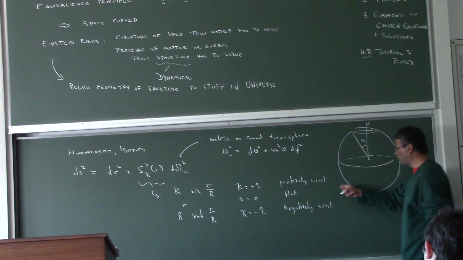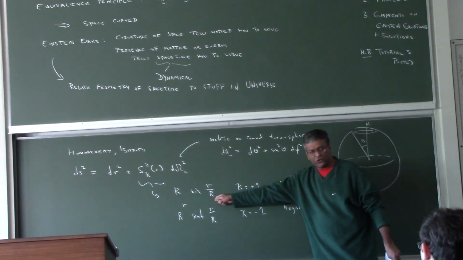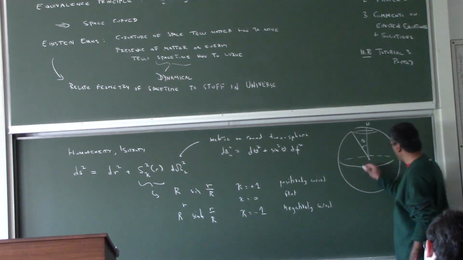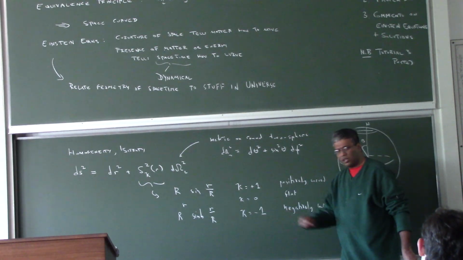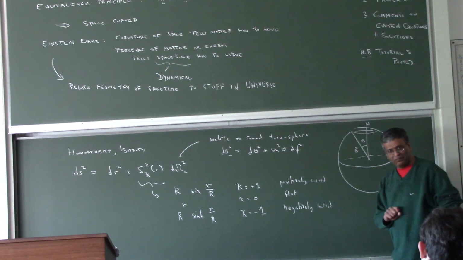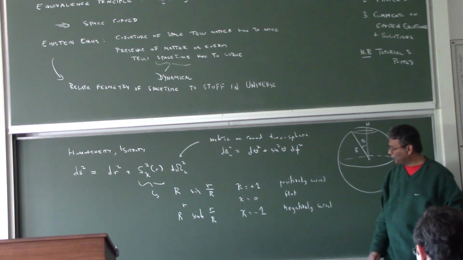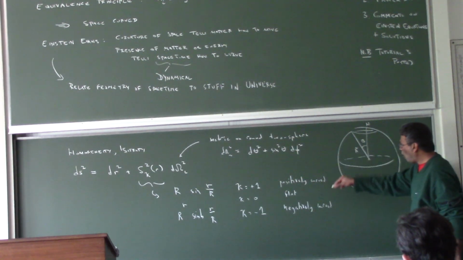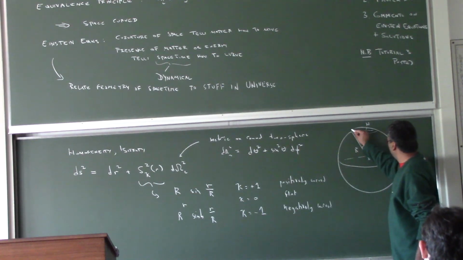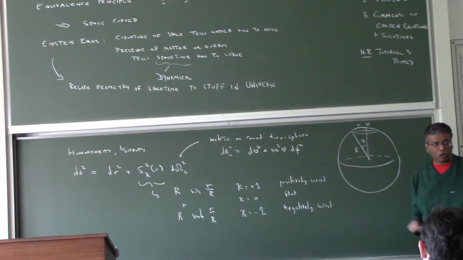So the sphere is an example of a positively curved geometry with radius of curvature R, which is determined by the radius of the sphere. The saddle is an example of a negatively curved homogeneous geometry, and the saddle has a radius of curvature also given by R. This r, little r, is a displacement from the North Pole, say. So it's a distance traveled along the surface that you're considering.